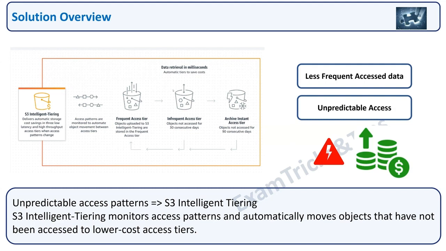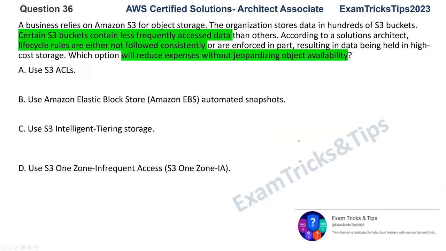The cost for each of the storage is different here. So overall, you pay much lower cost than having everything in S3 Standard. So this is your solution. This will make sure that your problem goes away with respect to the cost being high for storing data in S3. Now let's see what options we have in the question.